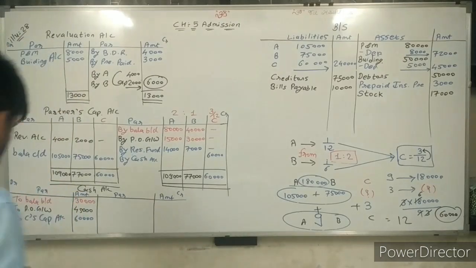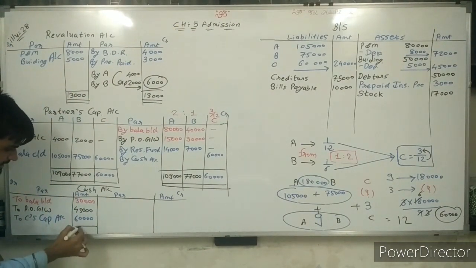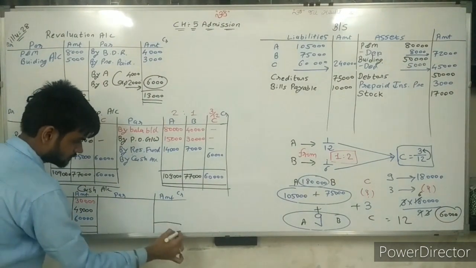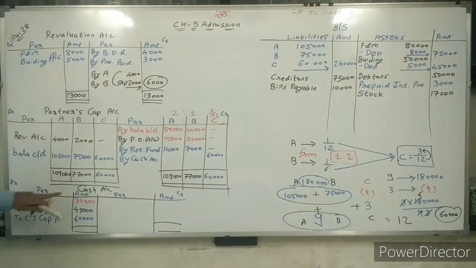Simple. Now closing the cash account also. Total of cash account 30, 45 and 60, 135.